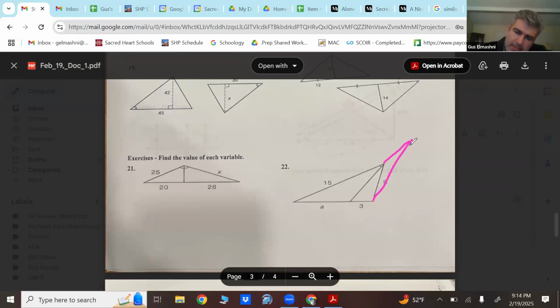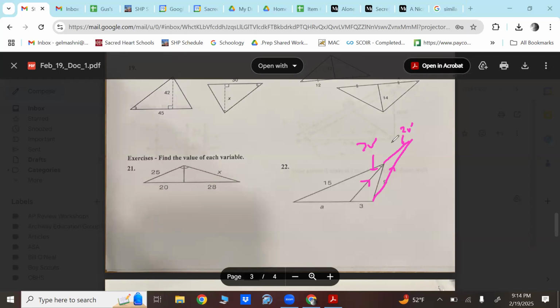Okay, so now I kind of remember. If these are parallel, and if that were say 20 degrees, then that'd be 20 degrees. Okay. You extend in such a way where, I think I'm going to look back one more time.